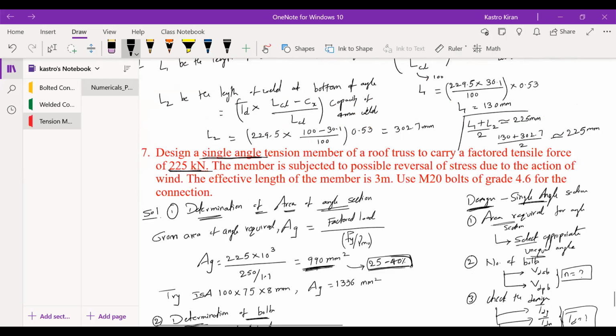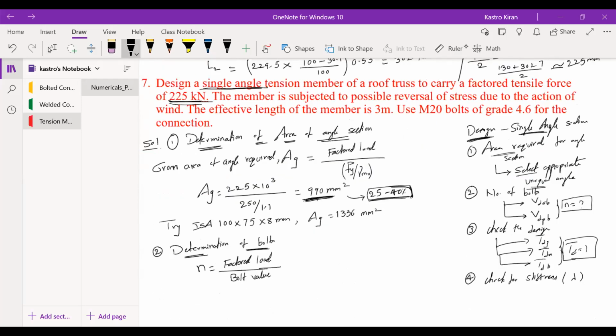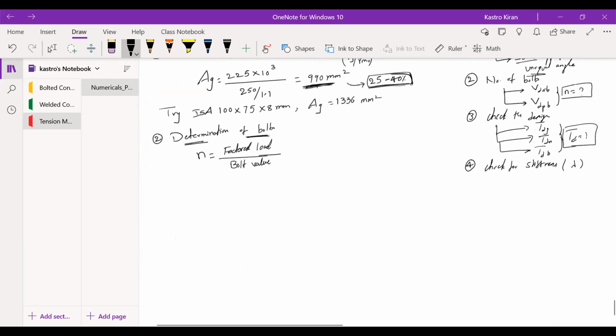We know the factored load, which is given in the question as 225 kilonewtons. And the bolt value is the least of VDSB and VDPB.